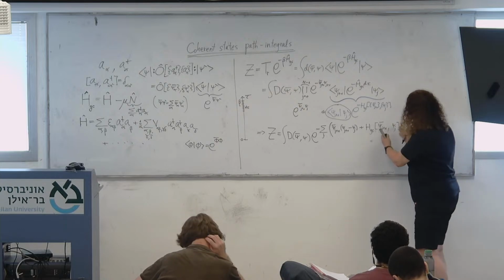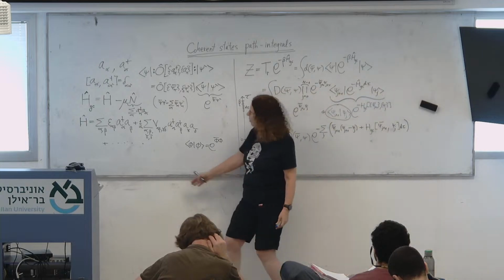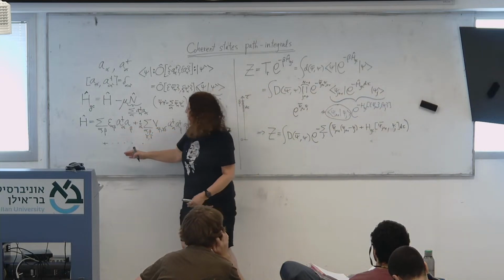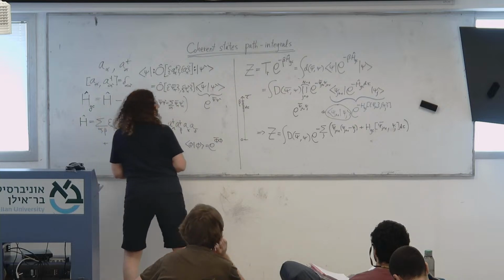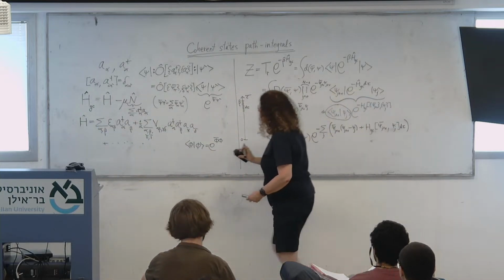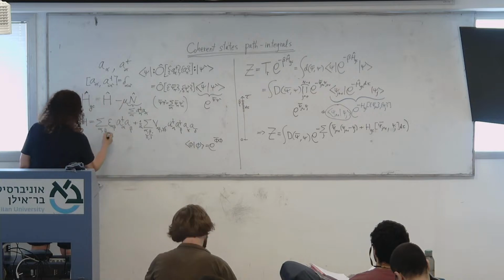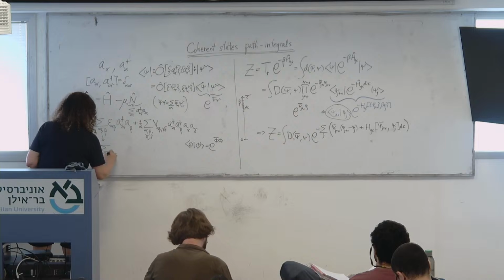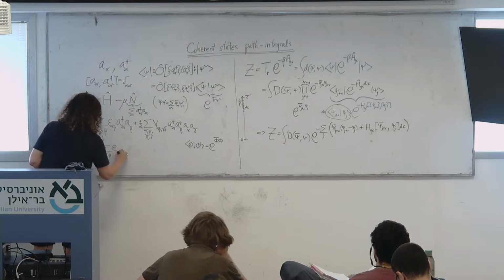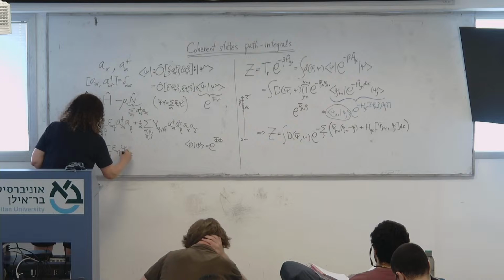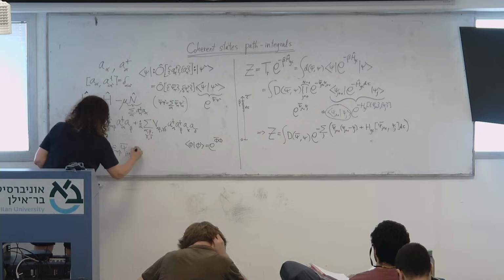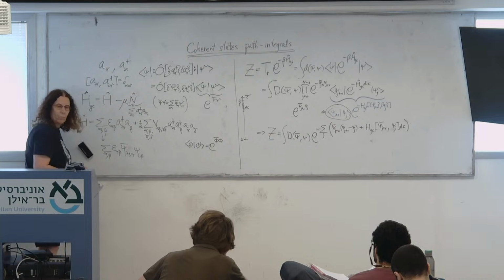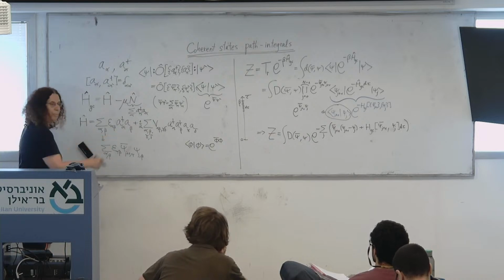It's some function of this thing. If you want to see how exactly it looks, just take this expression and write it. Maybe I'll write it explicitly so that you'll see what I mean. For example, this term will turn into epsilon alpha beta psi j plus 1 alpha bar psi j beta, and so on.